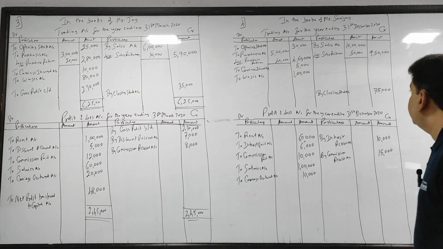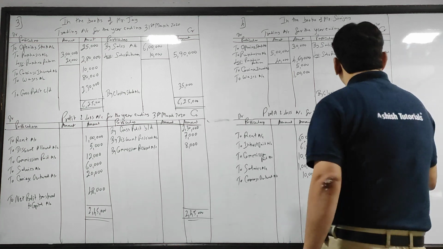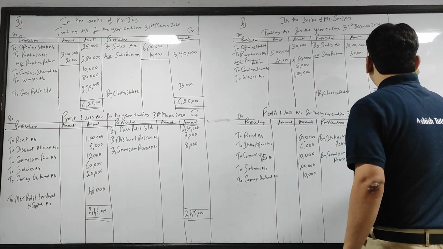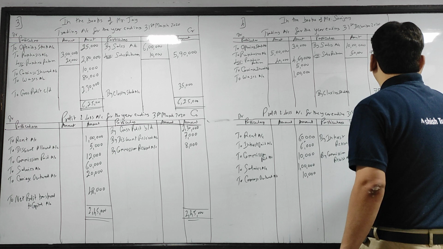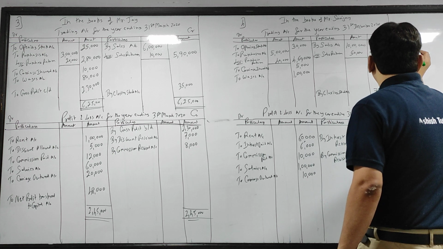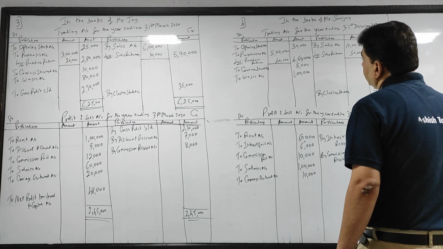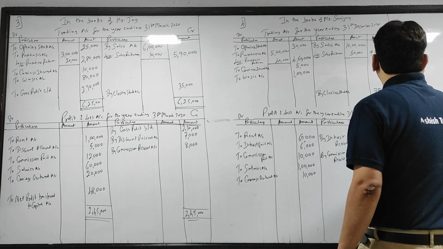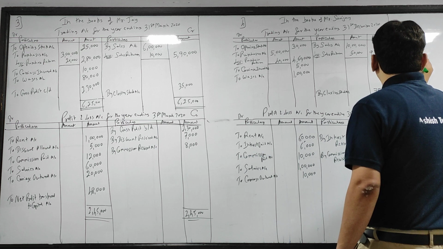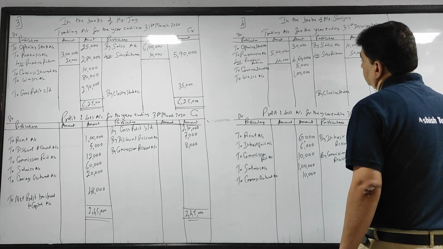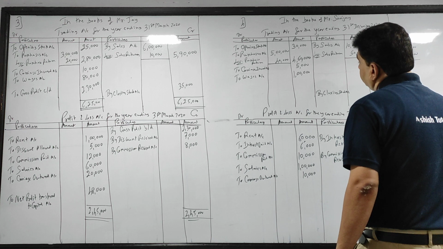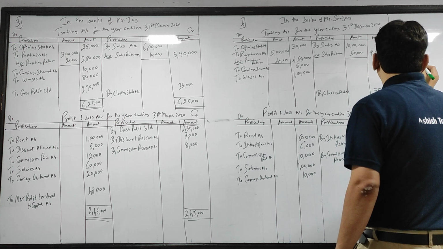Now let's start balancing. See the credit side. 950 plus 75. Credit side का total 1025. Debit 460, 30, 490, 590, 595, 560, 565, 595.